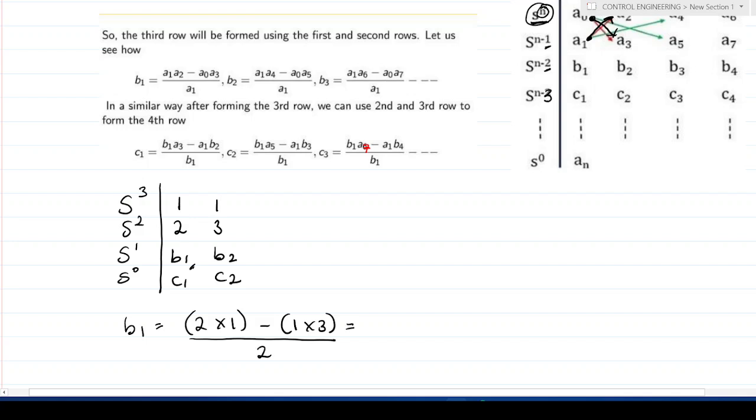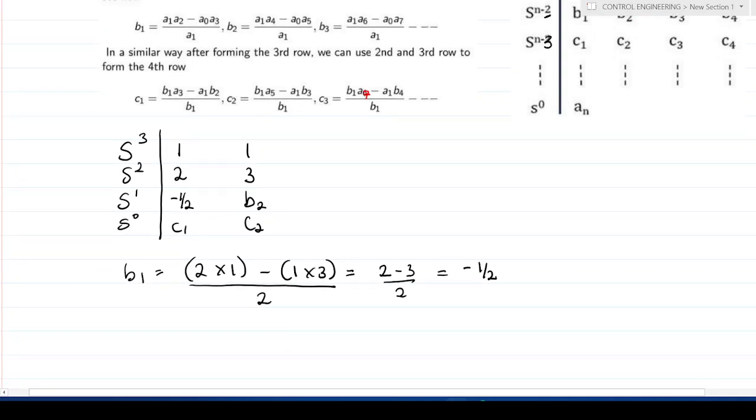This is going to be 2 minus 3 over 2, which is equal to minus 1 over 2. So I can replace b1 with minus 1 over 2. Let me move this to the side so you can see clearly.